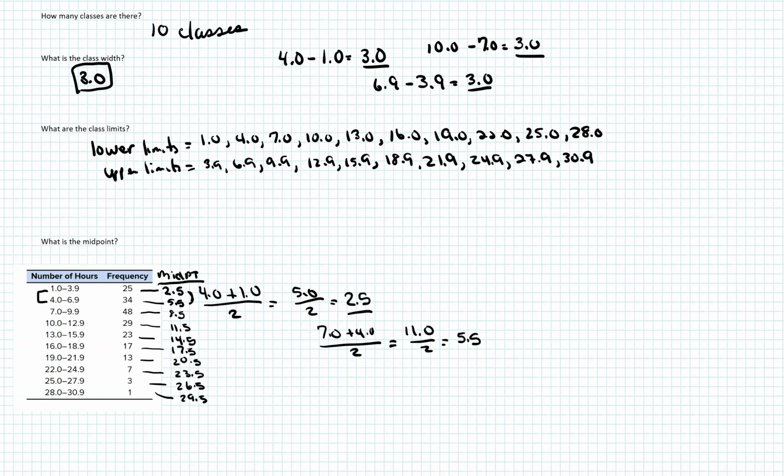Notice these numbers are always in between, right? 29.5 is in between 28 and 30.9. So as you're calculating these, always double check.